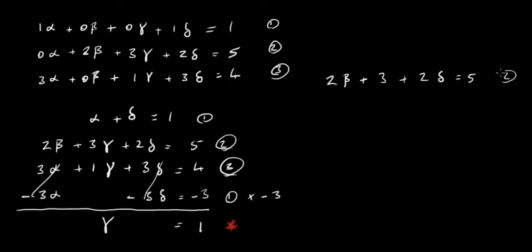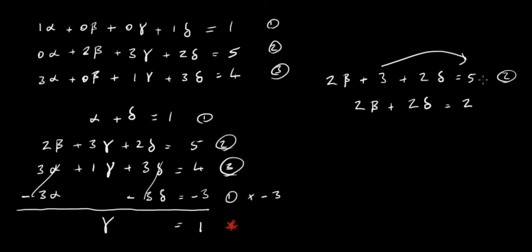This is equation 2, remember. All I've done is substitute in gamma is equal to 1. So that gives me 2 beta plus 2 delta is equal to 2.